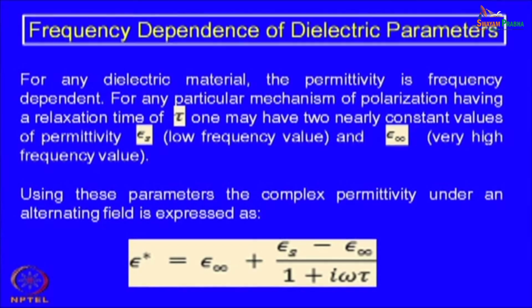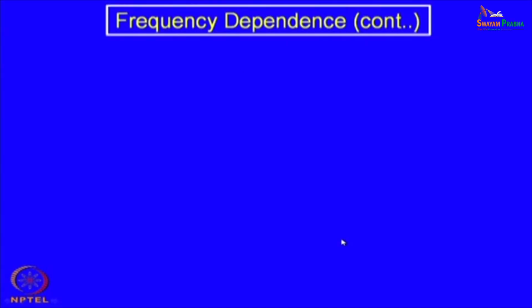So this is the overall expression of the permittivity in terms of two constants, epsilon infinity, the high frequency permittivity, and epsilon s, the low frequency permittivity. Both of them are constants, but it goes through a transition. We will see that in a minute.